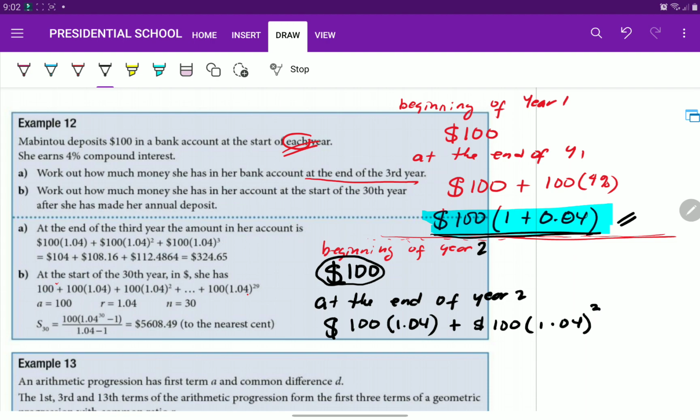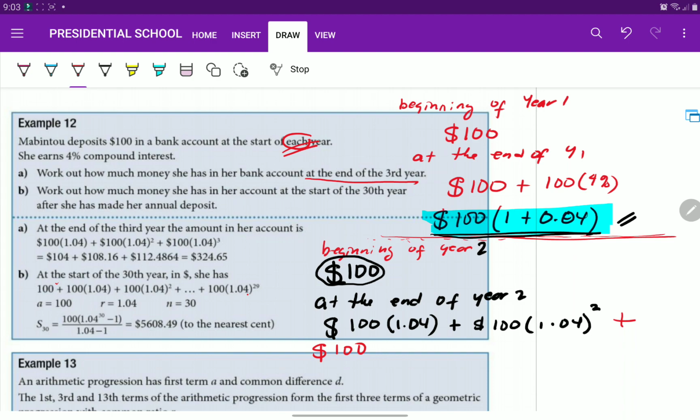Now, this is the amount at the end of year 2. But at the beginning of year 3, she made a deposit of $100 again, plus this existing amount of money.